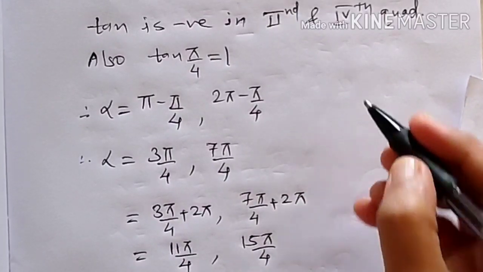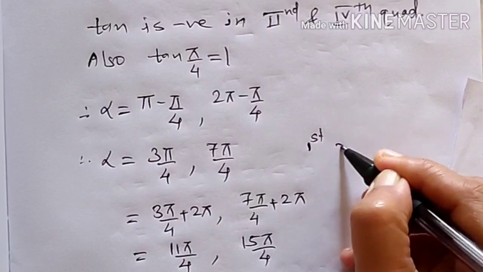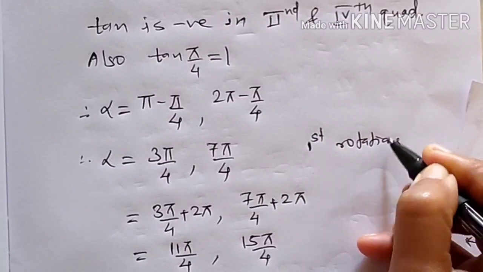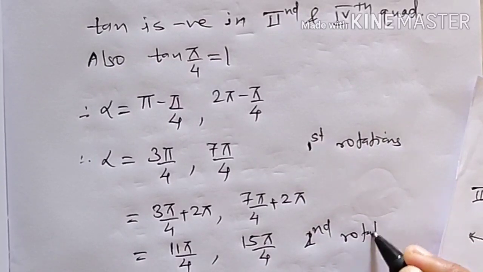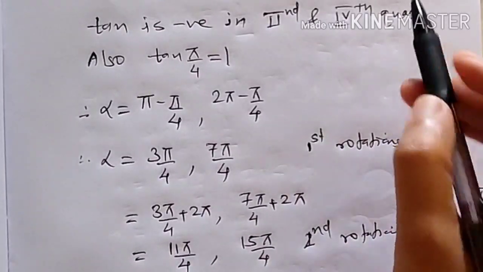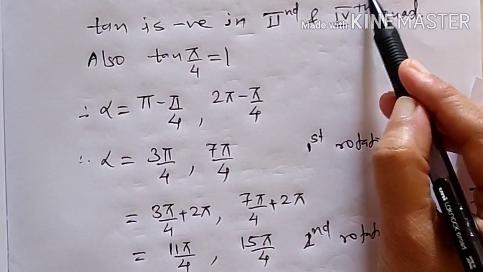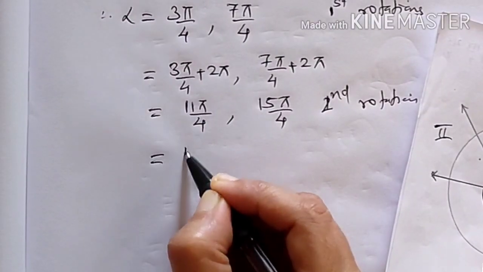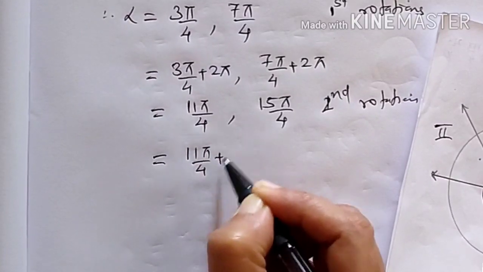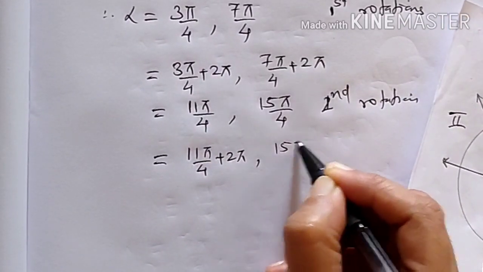These are the values in the first rotation, and these are the values in the second rotation. Now, how many rotations are possible? Three rotations. So we can continue with one more. The next two points will be 11 pi by 4 plus 2 pi and 15 pi by 4 plus 2 pi.